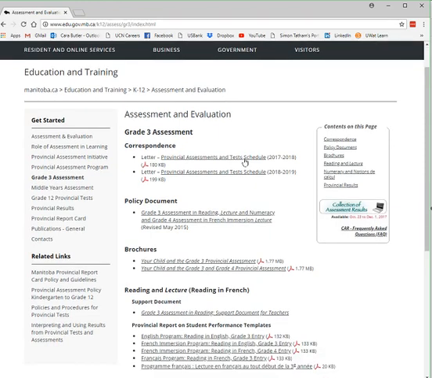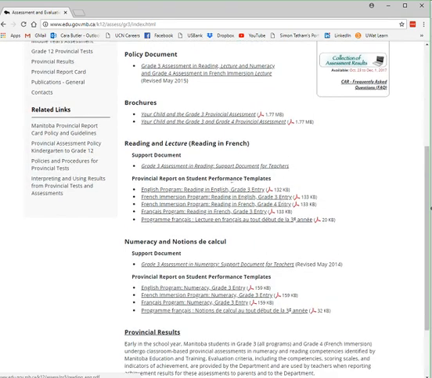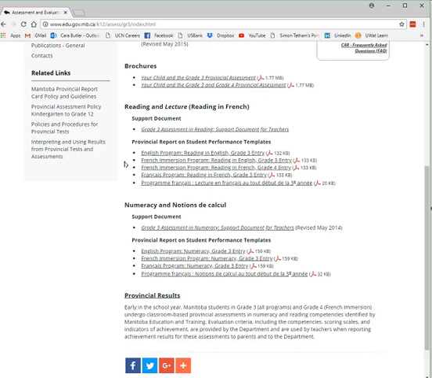There is interesting information here, so make sure you look at it, for example, what dates to administer the assessments. Underneath that, there's some information for parents. Please take some time to read those, as well as the support documents for reading, which I won't get into, but I will show you the grade 3 assessment in numeracy.